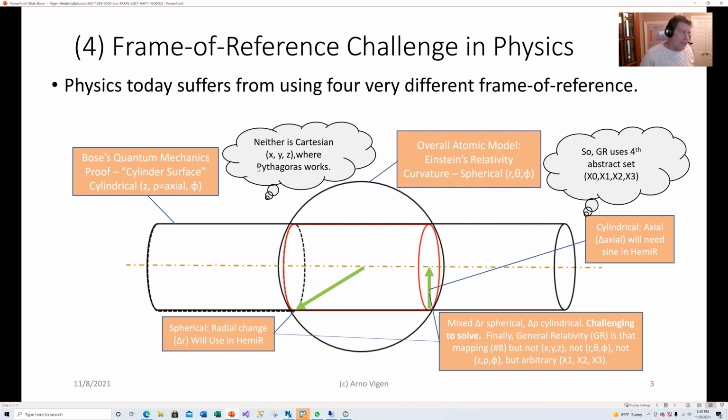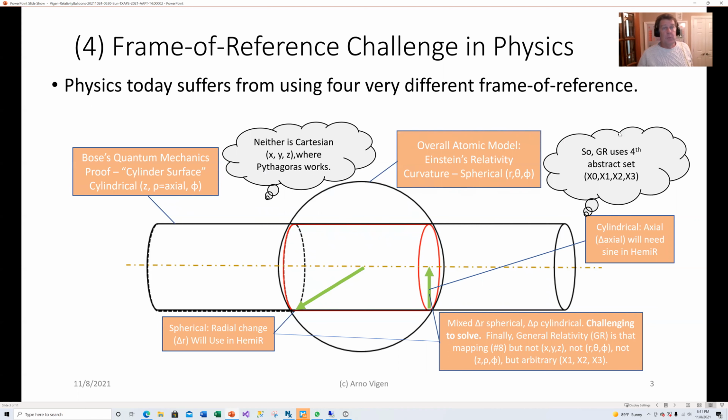So when you're talking about quantum mechanics, you have to have cylinders. When you're talking about distances, which is all of our traditional classic one-to-one calculations, you need Pythagoras. And if you need to do relativity, if you need to talk about the curvature, you need spheres.